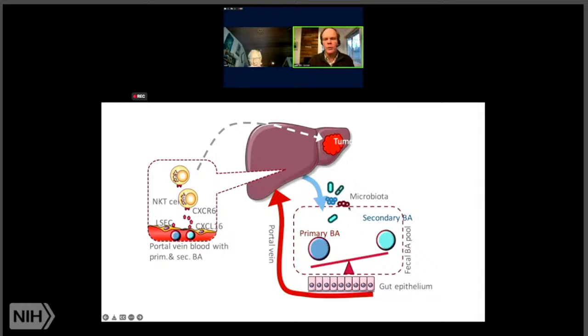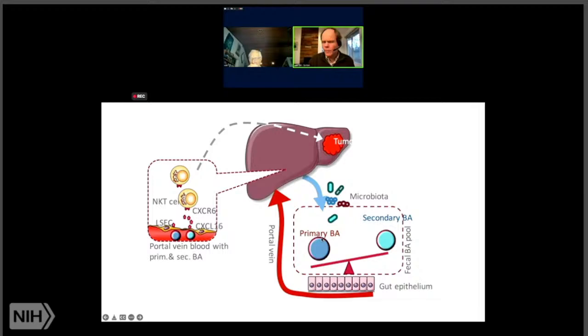So we know that under normal conditions, bile acids are released, and then we have the microbiota in the fecal pool. And the question then is, what type of microbiota do we have? Are they able to metabolize primary bile acids into secondary bile acids or not?